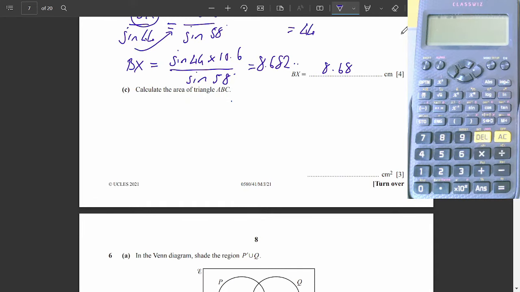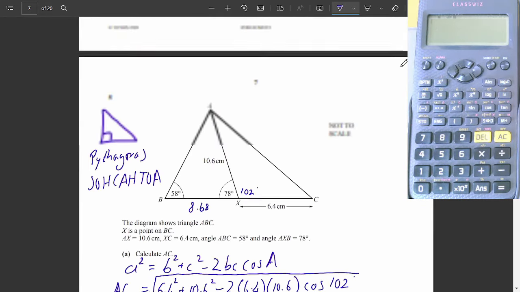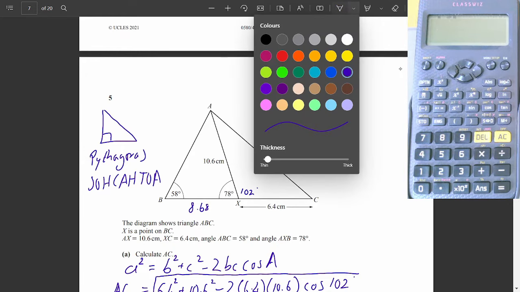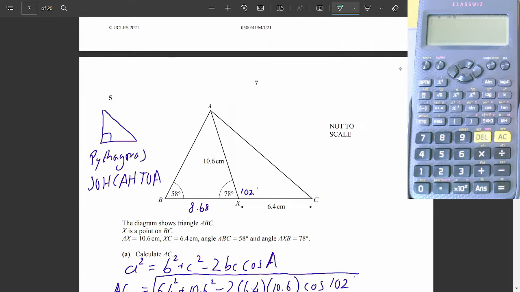Question 5c, the area of triangle ABC. So triangle ABC is the whole thing there, the whole big triangle. Now, we would have remembered that the area of a triangle is half base times height, which we don't have.